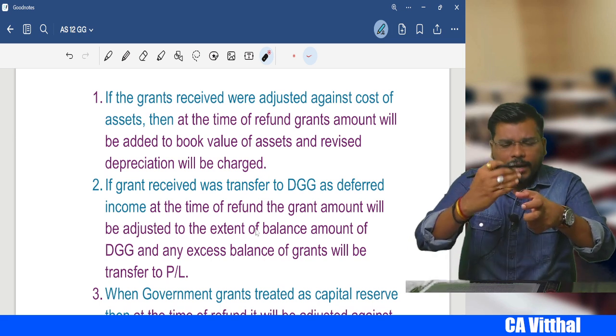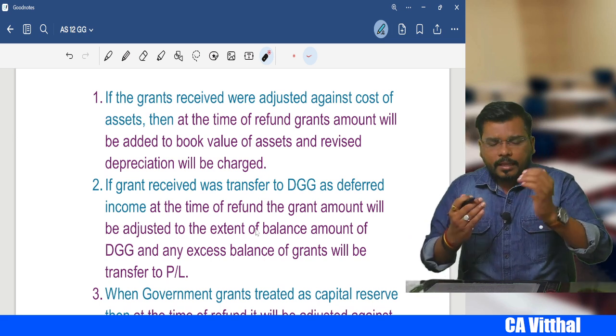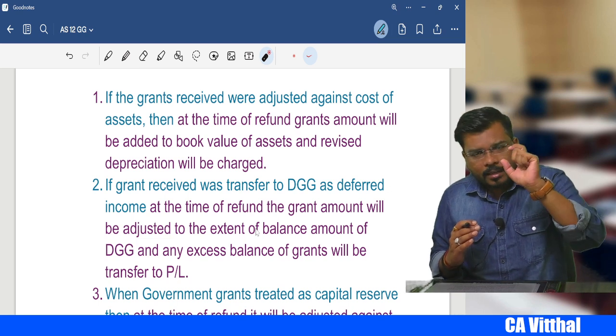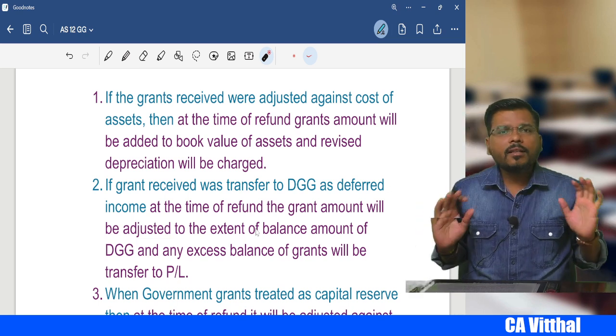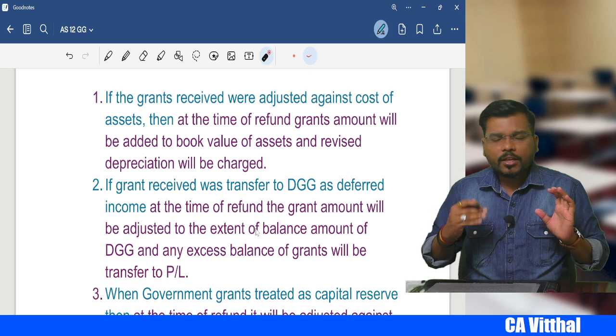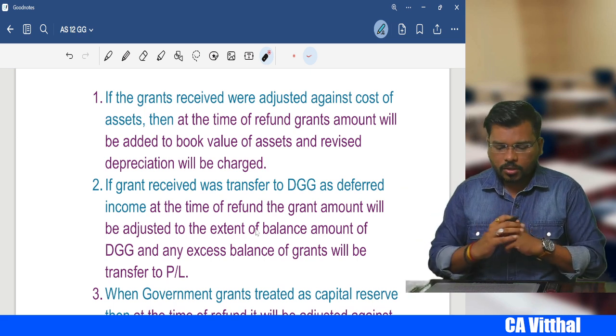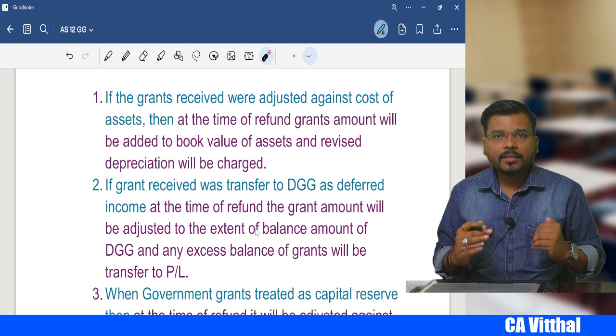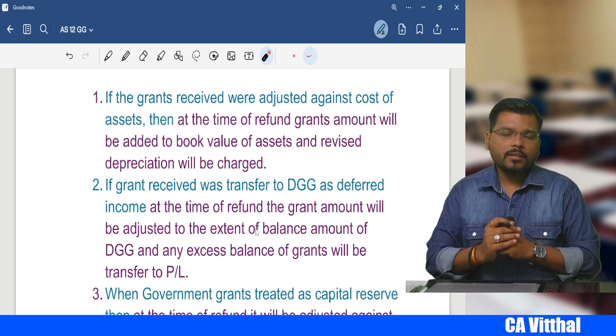On the 2 lakh you might have charged the depreciation. Then again WDV will come. At the time of refund, in that WDV, you should add back what, sir? The grant amount, and you should charge the revised depreciation. So that is the first one, if the grant received was adjusted in the cost of the asset.